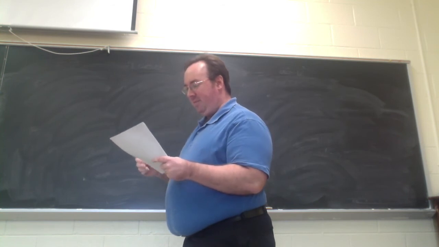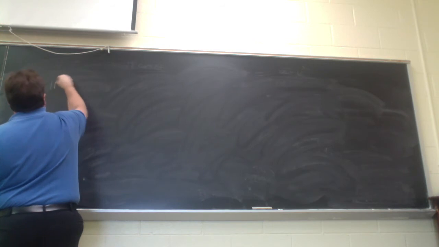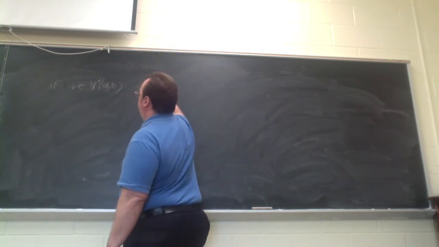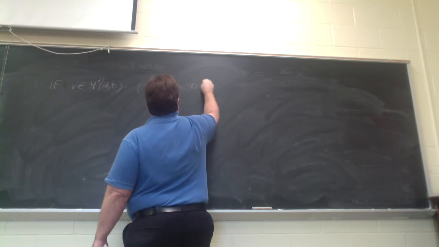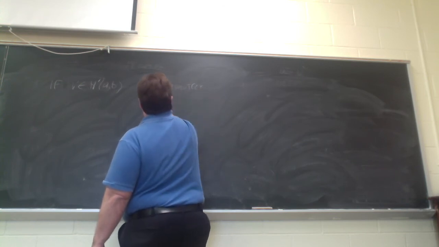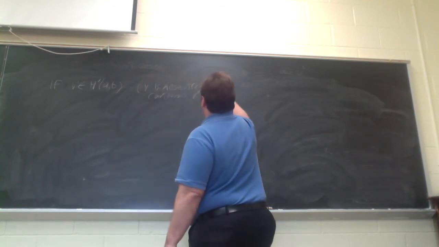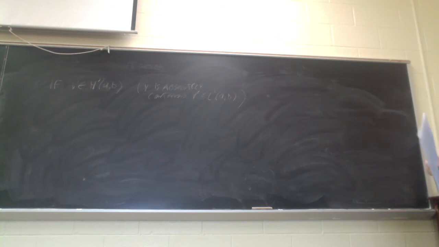Okay. So one result we have about linear splines is: if V is in H1 of (a,b), meaning V is absolutely continuous, and V prime is in L2 of (a,b), so it is square integrable.